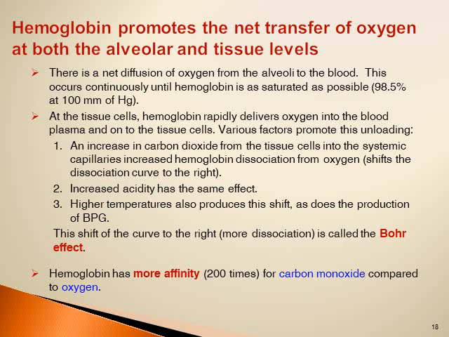Carbaminohemoglobin means carbon dioxide carried on hemoglobin, bound to the amino acids of the polypeptide chain of hemoglobin. Carboxyhemoglobin is carbon monoxide bound to hemoglobin with high affinity at the iron that is present in the center of the heme ring in the polypeptide chains.